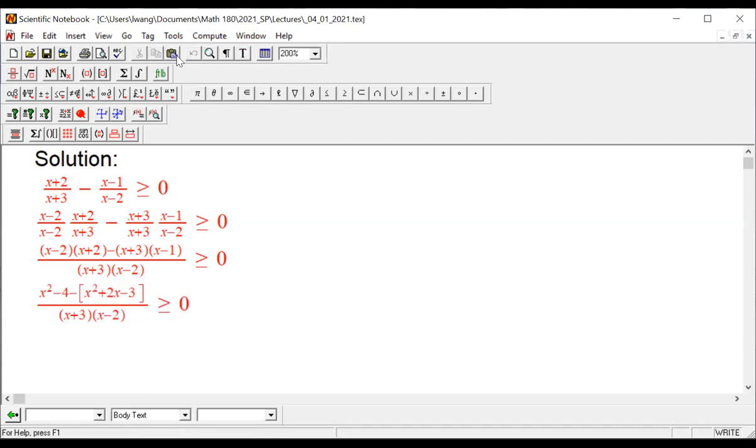And next, I'm going to open up the parentheses, distribute the negative sign into the parentheses. So everything is going to change sign. Plus.